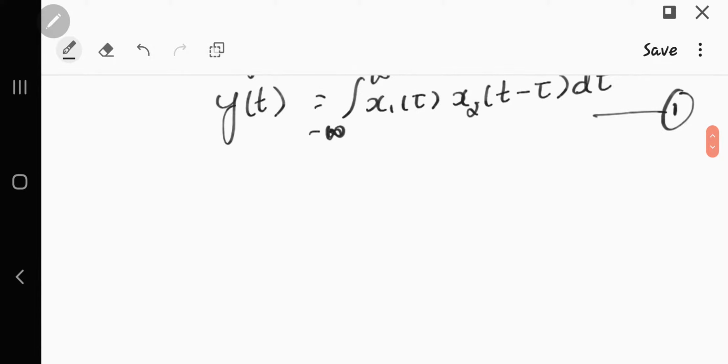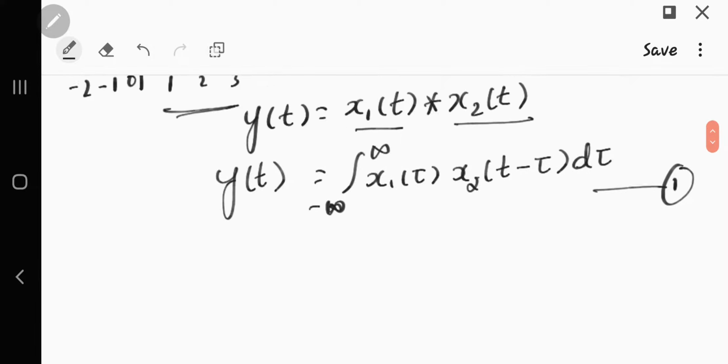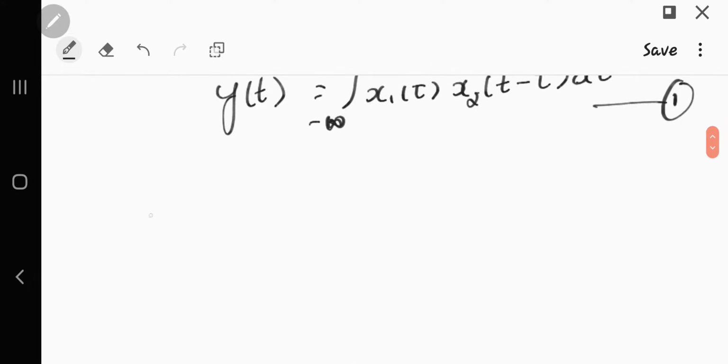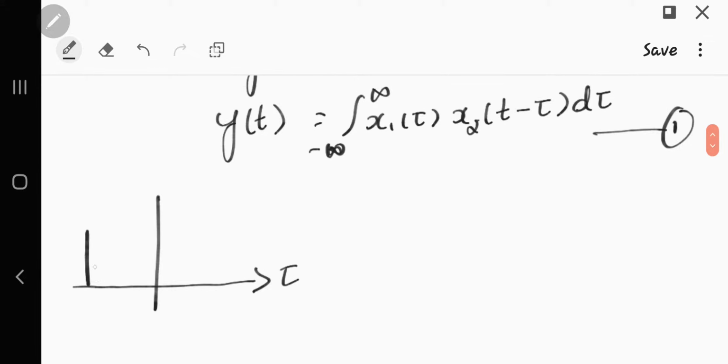Now let's plot x1 of tau and x2 of t minus tau. Using x1 of t, I am plotting x1 of tau. The time index will be tau here, and the signal varies from minus 2 to plus 1. Now x2 of t minus tau, we have to plot by considering t equal to 0.